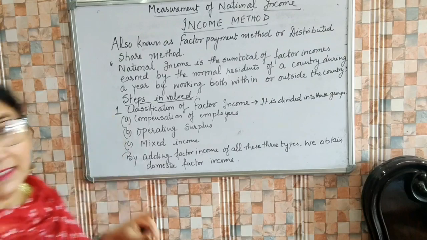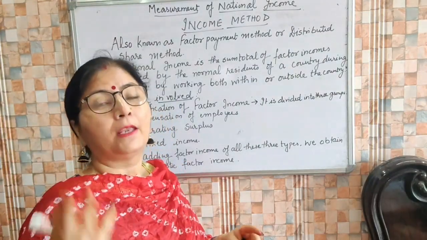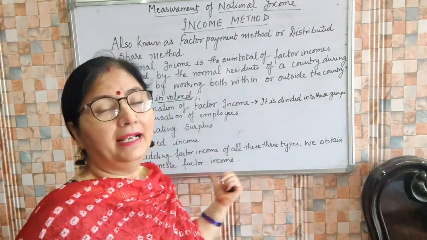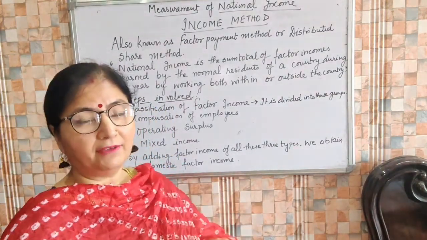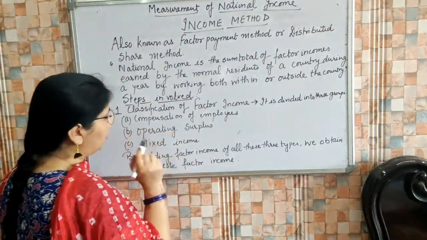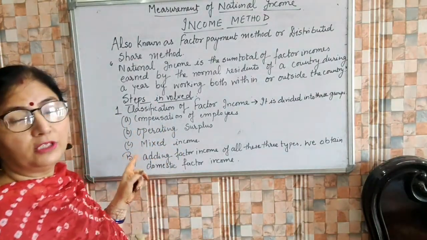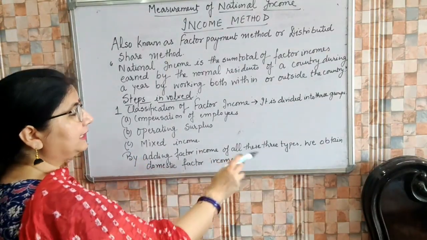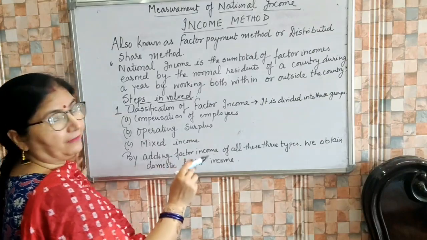Factor income that is divided into 3 parts: compensation of employees, operating surplus, and mixed income. Means whatever is left after this compensation of employees and operating surplus, that will be included in mixed income. By adding factor income of all these 3 types, we obtain domestic factor income.